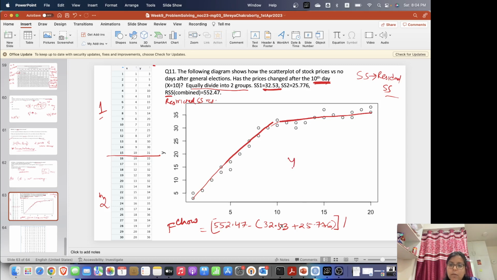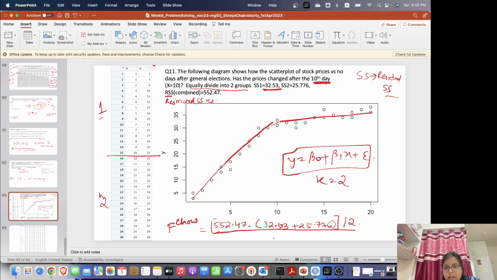We are fitting y equal to beta naught plus beta 1 x plus epsilon. So what should k be? K should be 2. So we'll divide this by 2, over 32.53 plus 25.776 divided by n1 plus n2, which is 30, minus 2k, which is 4.